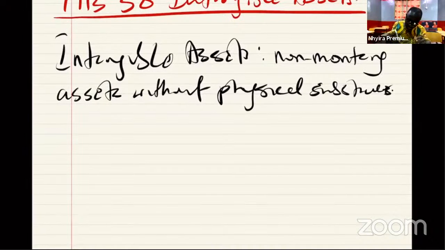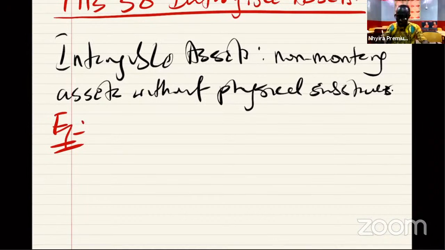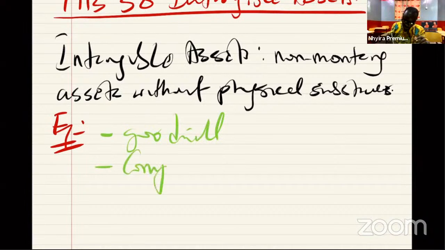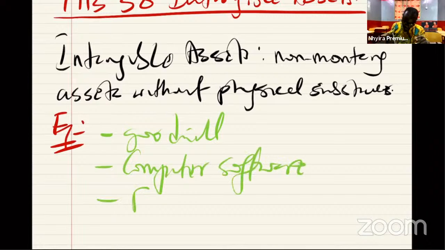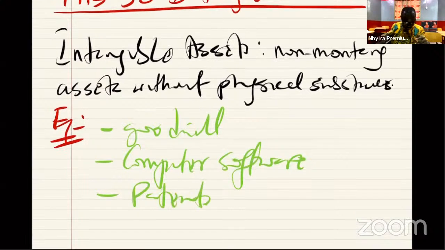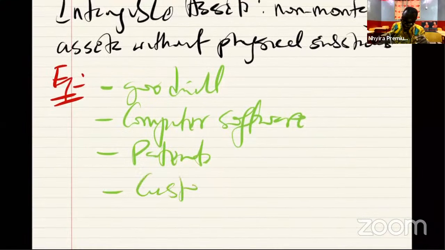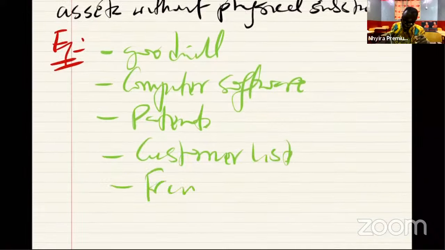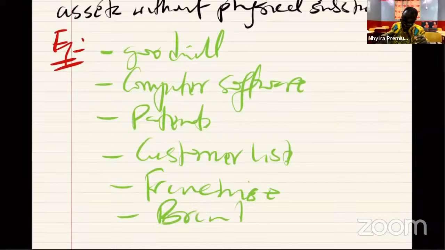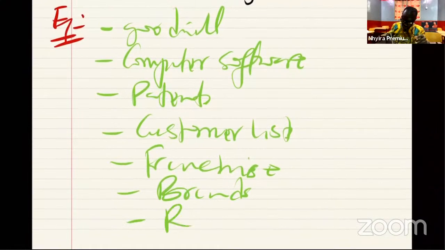There are a lot of examples of intangible assets that we can talk about, but let me give you a couple of them. Goodwill, computer software, patents, customer list, franchise, brands, research and development.